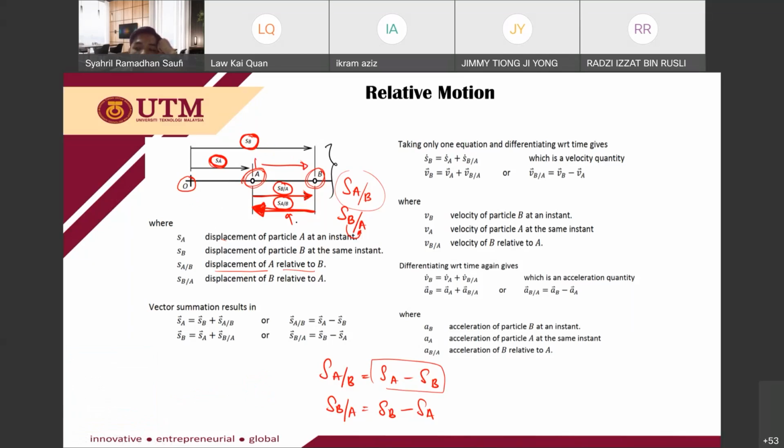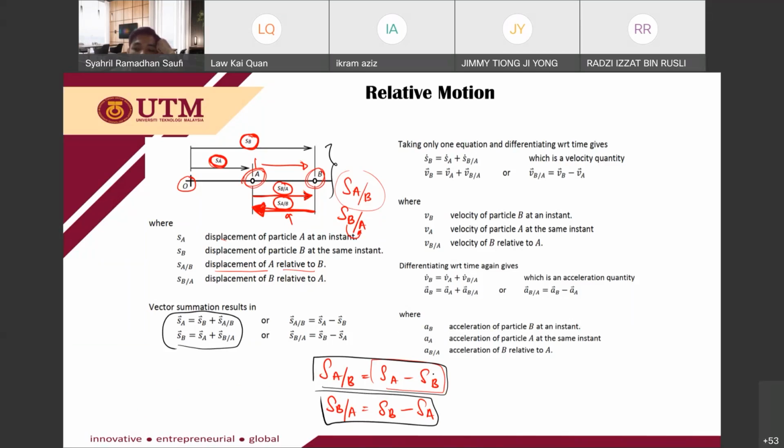During the analysis, in order for you to develop the equation, you just use this kind of equation to remember. For the analysis, I suggest to all of you to use this equation.